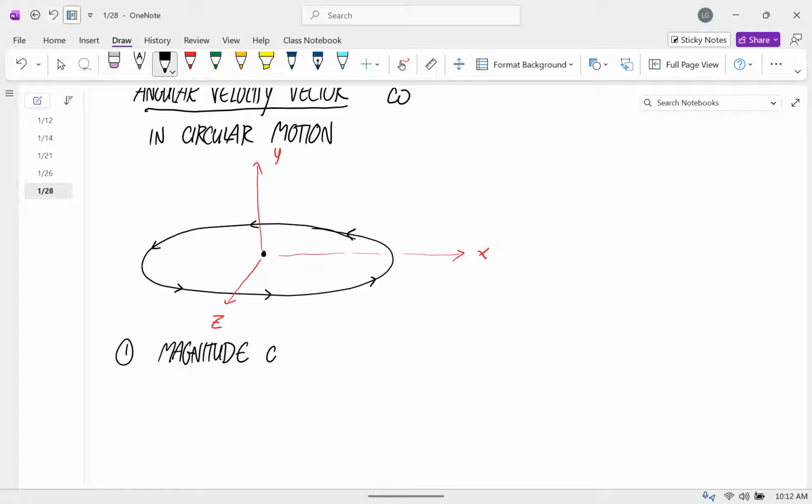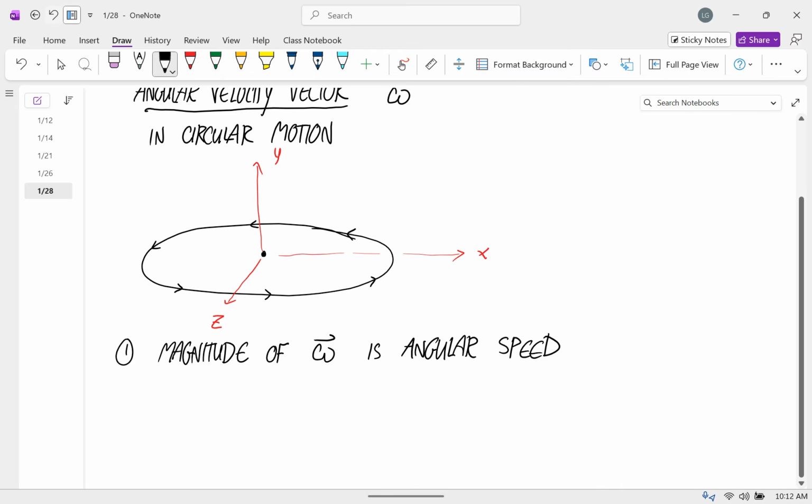So the magnitude of the angular velocity vector is, we're going to call it the angular speed. And the angular speed is a scalar. The magnitude of a vector is a scalar.